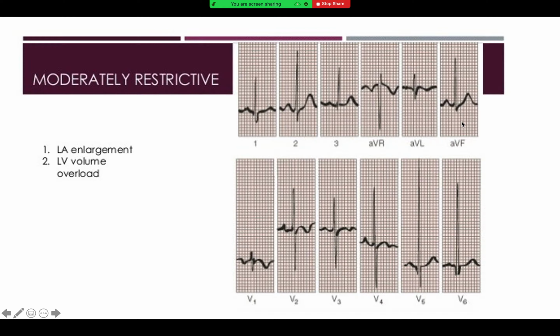So this is why it is going to be a volume overload. Moreover, you also notice prominent Q waves and tall R waves with tall peaked T waves in V5, V6. It is pretty tall. So that shows further that the volume overload is there. There are some Q waves as well, isn't it? This is not due to myocardial infarction, but due to volume overload.